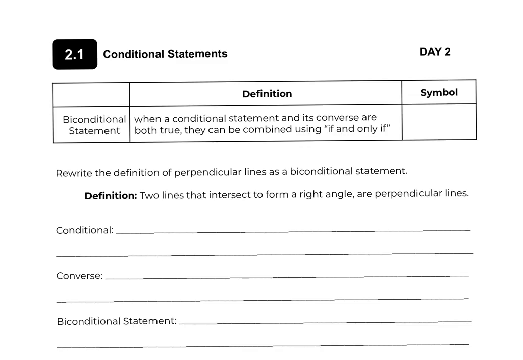When we put a biconditional together, the two statements that we're going to use are the conditional and the converse. Both of those must be true.